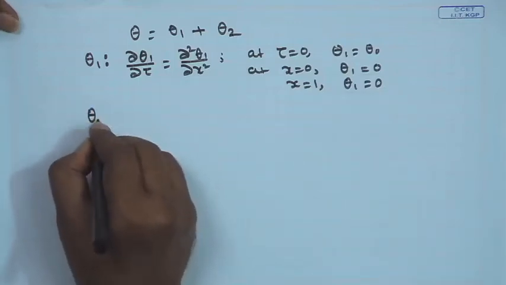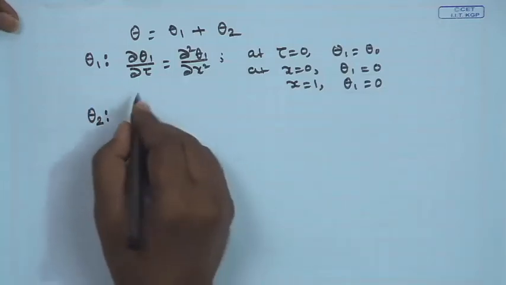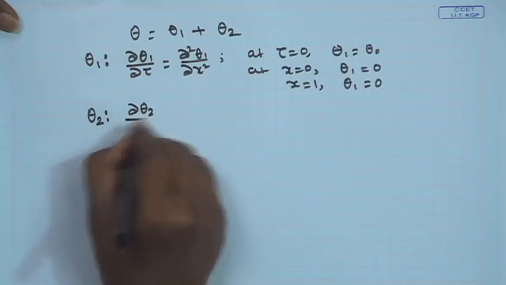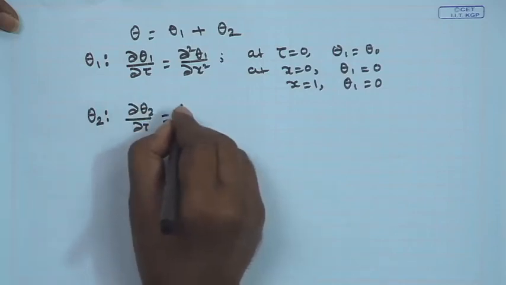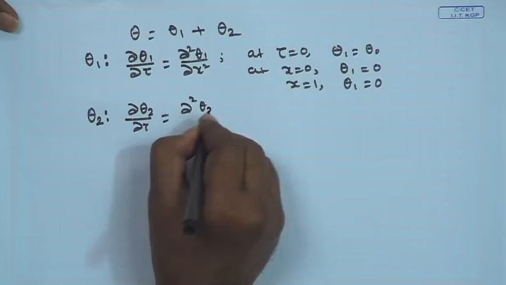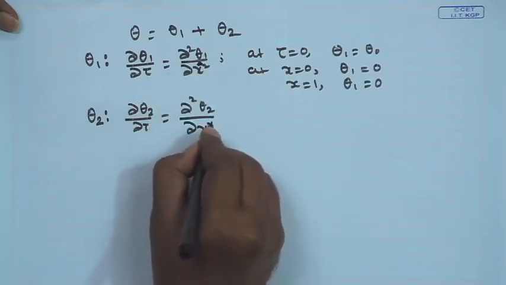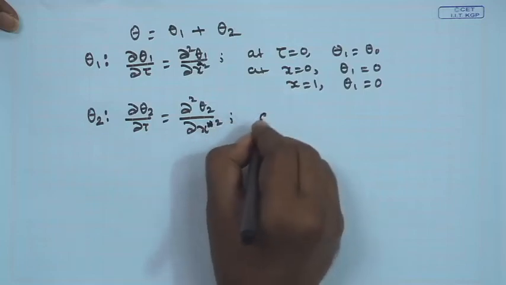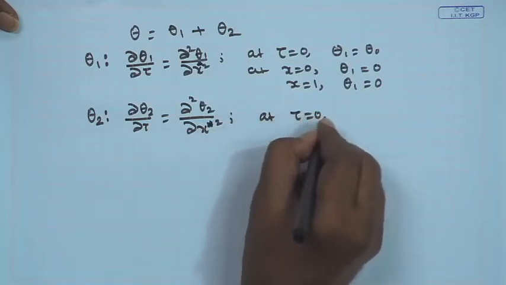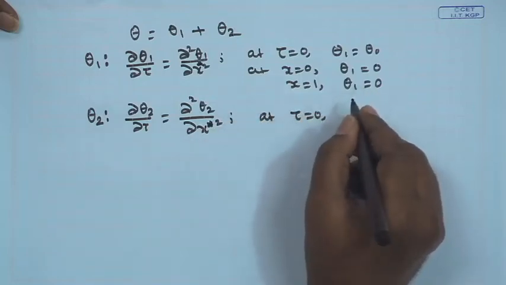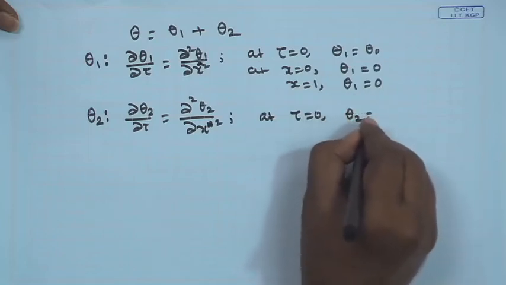Similarly, I define the sub problem theta 2 as del theta 2 del tau is equal to del square theta 2 del x star square. At tau equal to 0, I force this non-homogeneity to vanish, so theta 2 equal to 0.